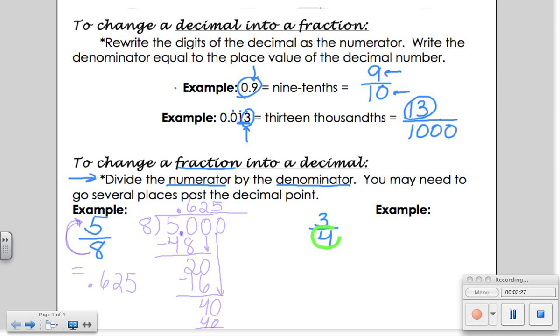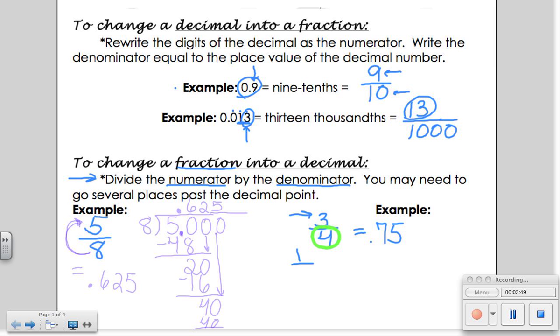Anytime you see a 4 as your denominator, you should always think of quarters. There are 4 quarters in one whole, or 4 quarters in a dollar. So 3/4 would be 75 cents, or written as a decimal, 0.75.